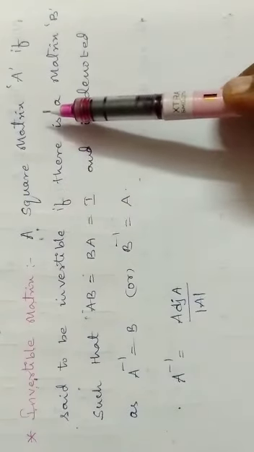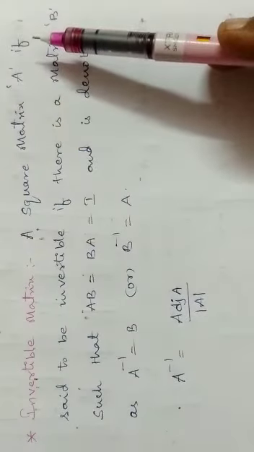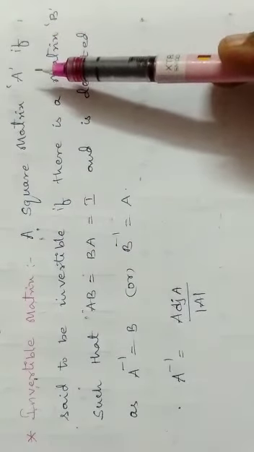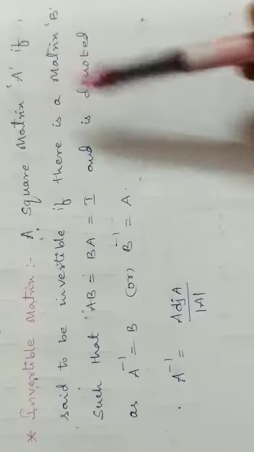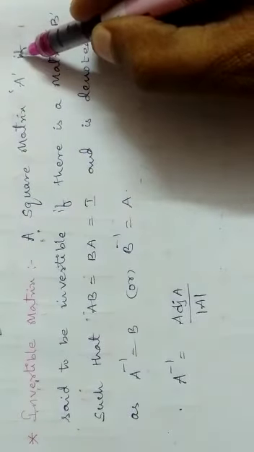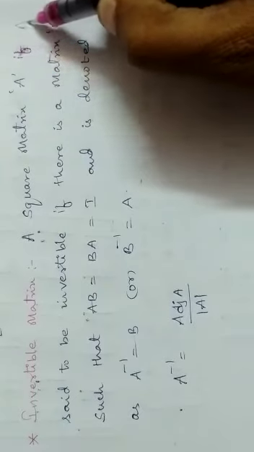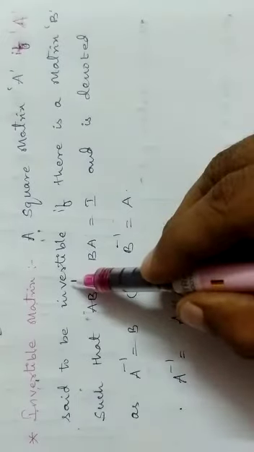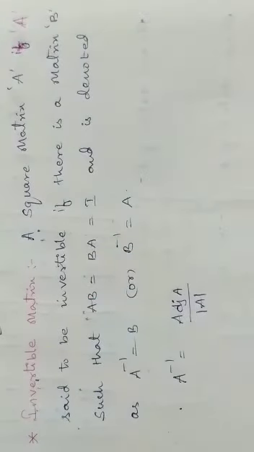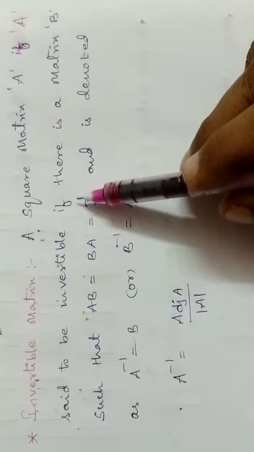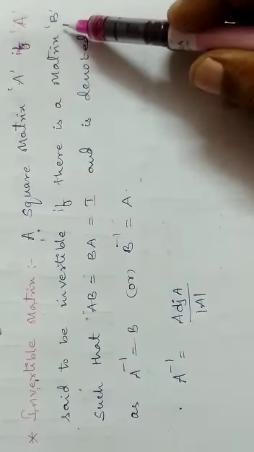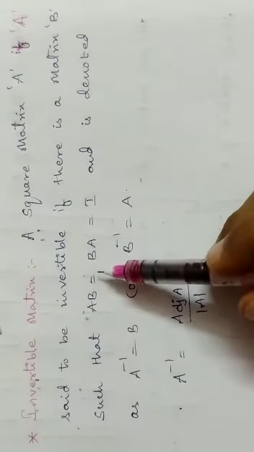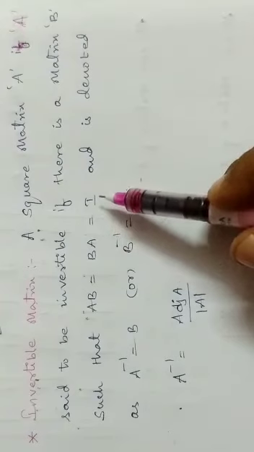There is a square matrix, capital A. A is said to be invertible if there is a matrix B such that AB equal to BA equal to I.